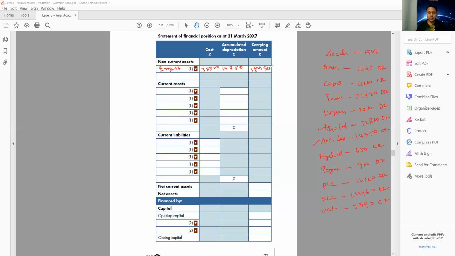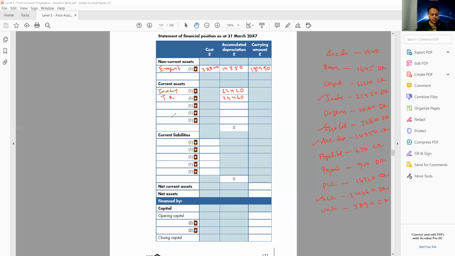Now let's talk about the current asset. The first thing, we have inventory. Inventory we have 22,420. Then we have sales ledger control, trade receivables, that is 24,460.